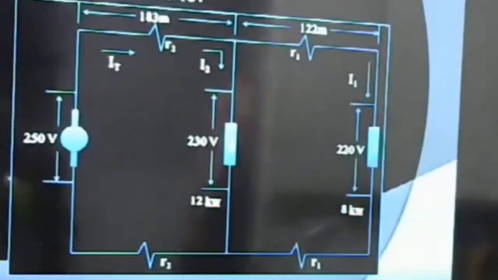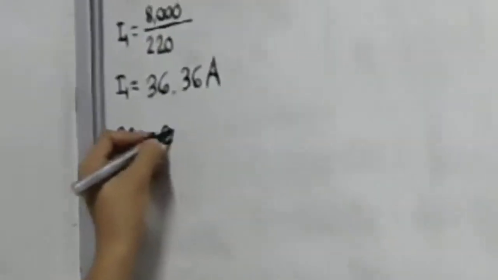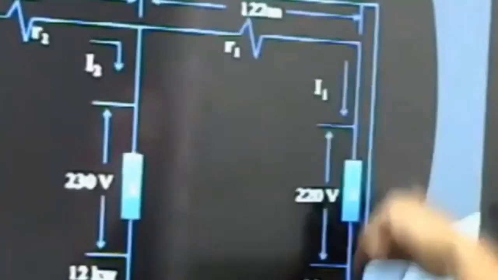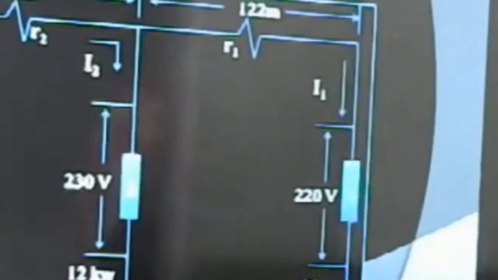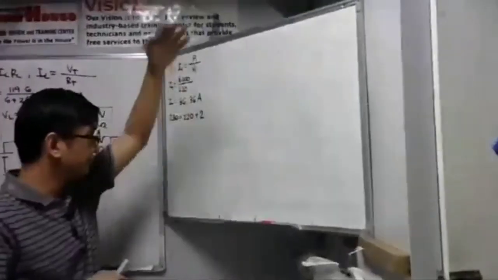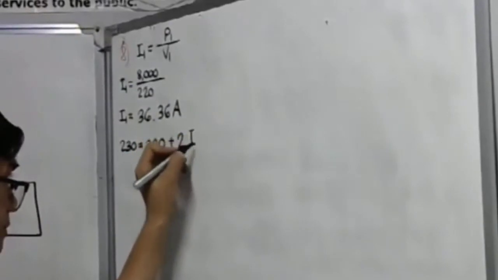Let us write it down: 230 is equal to 220 plus, the current through R1 is simply I1, and the current on the downside is also I1. We put a twice because of the up and the downside. So we have 2 I1 R1.